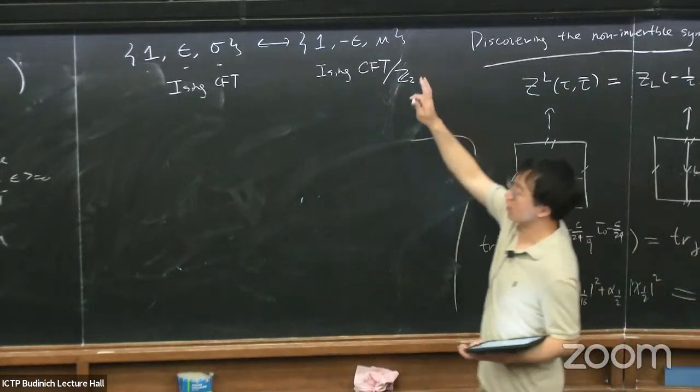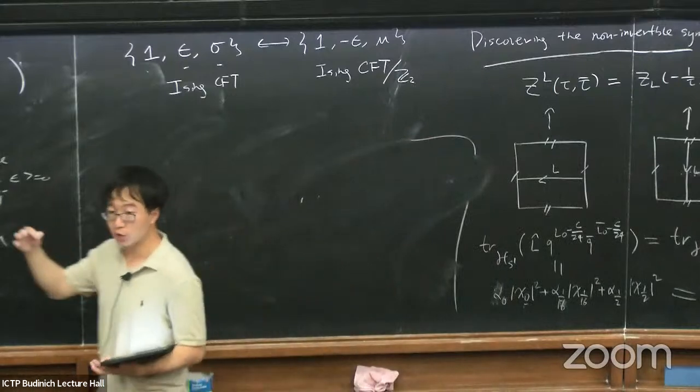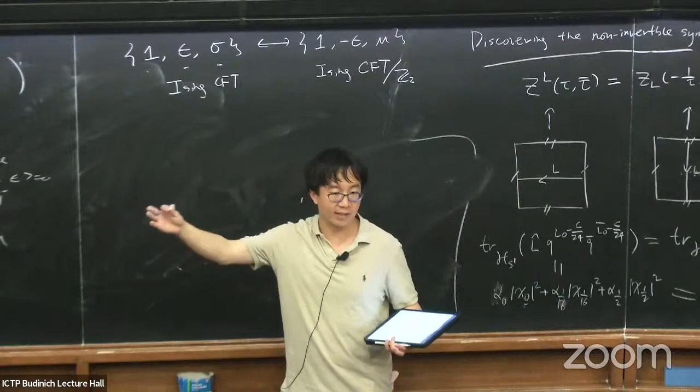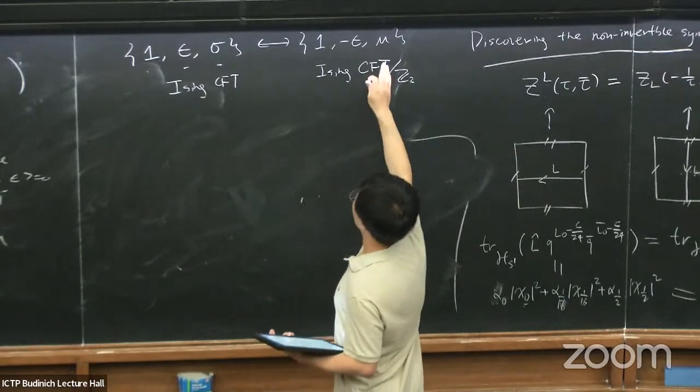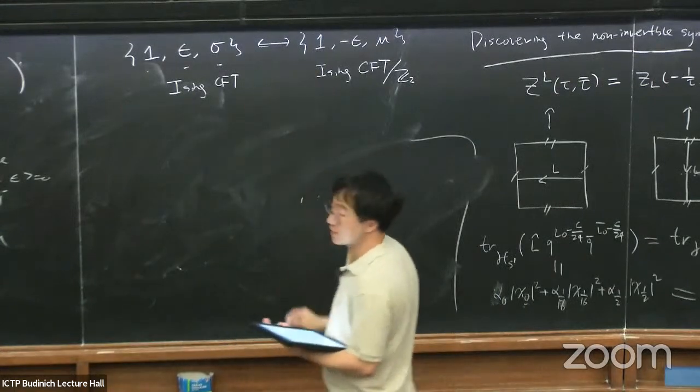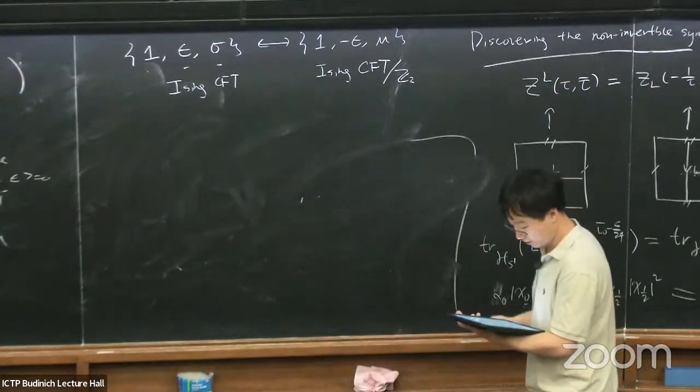So the mu operator is not a good local operator before you do the orbifold because it is attached to a non-local line. But after you do the orbifold, this becomes a local operator. And this operation explains in what sense this is a precise symmetry.